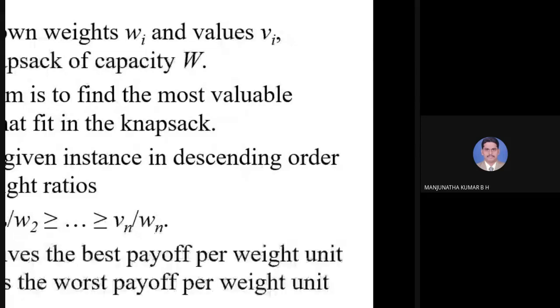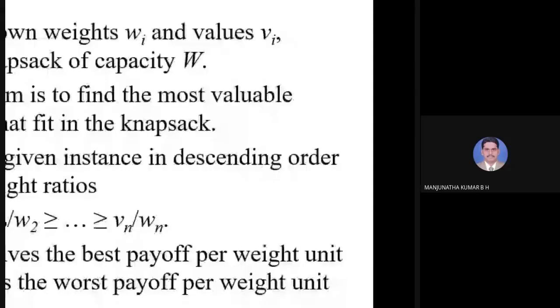Then we are going to pick the very first item, which gives the best payoff per weight unit, that is the maximum value to weight ratio. That item is selected first.